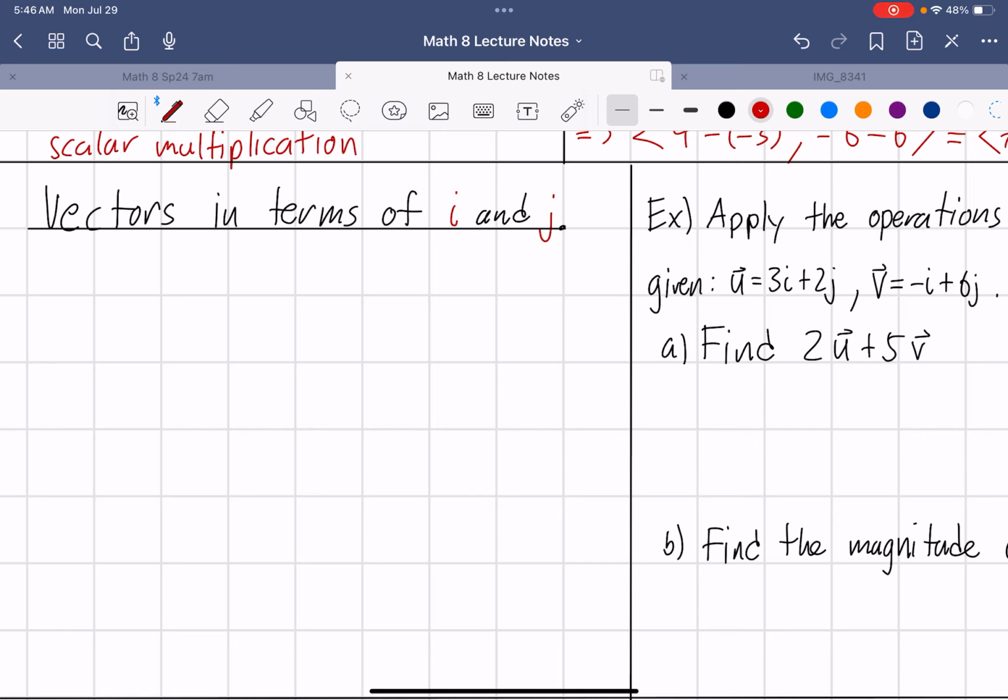Well, i and j are what you call unit vectors. What are unit vectors? They are just vectors that have a length of 1. Now, why do we want a unit vector? Why do we want this i and j? And that is because the same reason why 1 is so important in arithmetic, right?